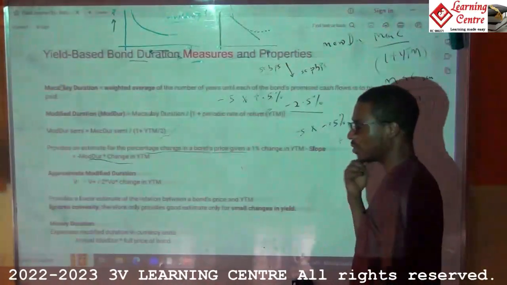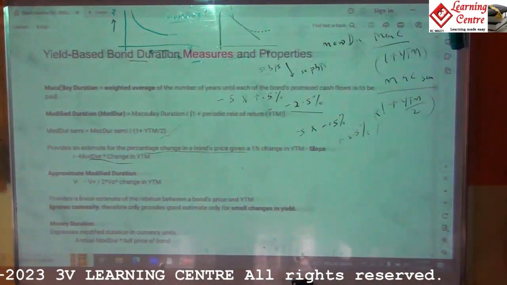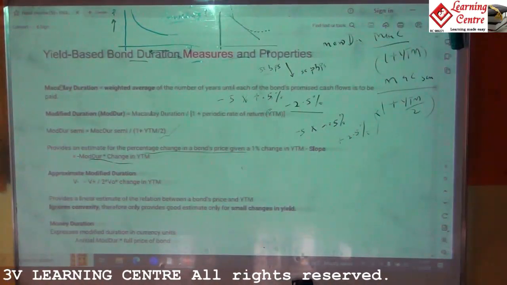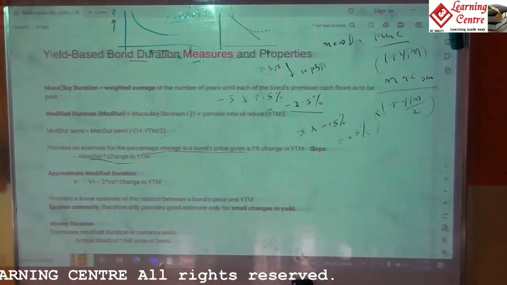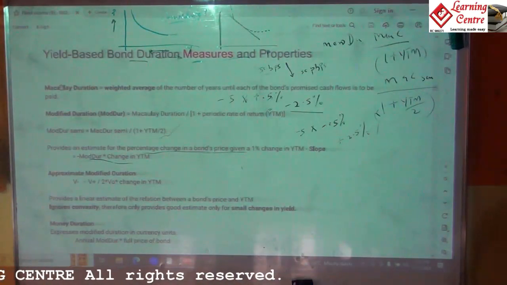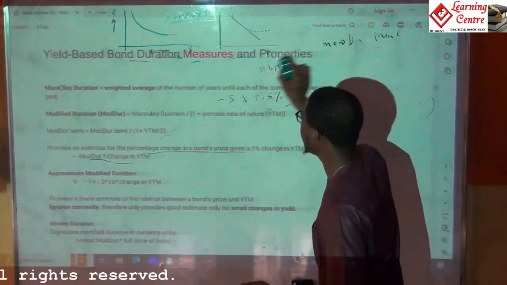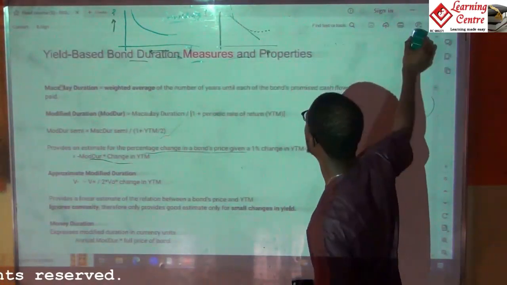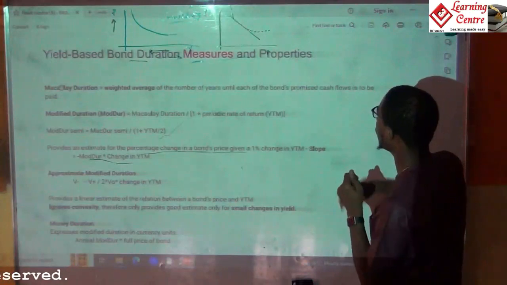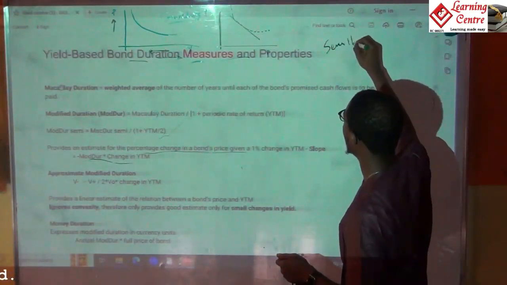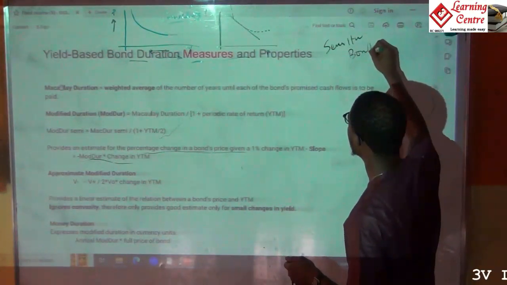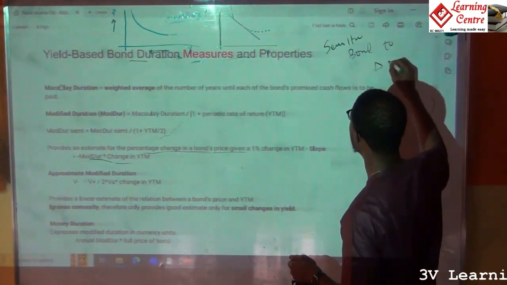We said that the intent of doing all this duration is to say how sensitive my bond is to changes in the yield curve.